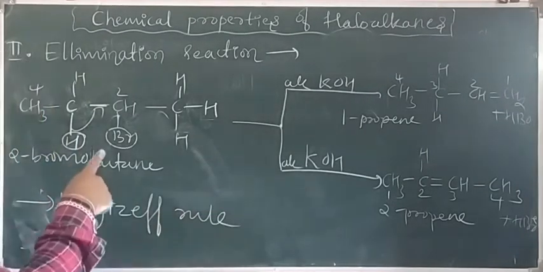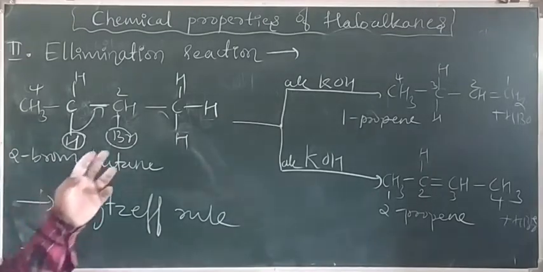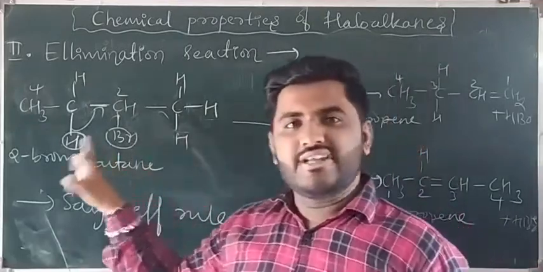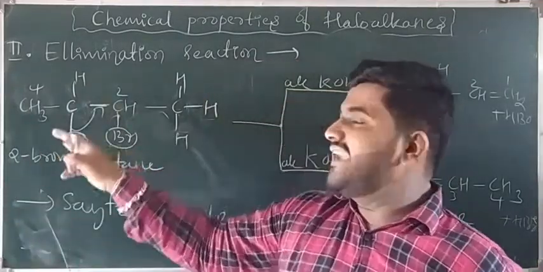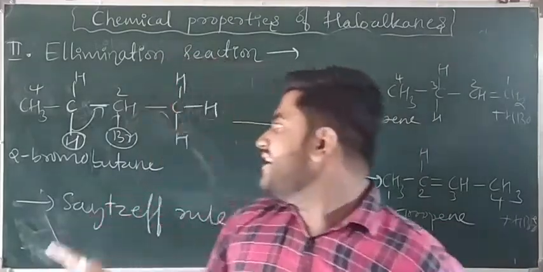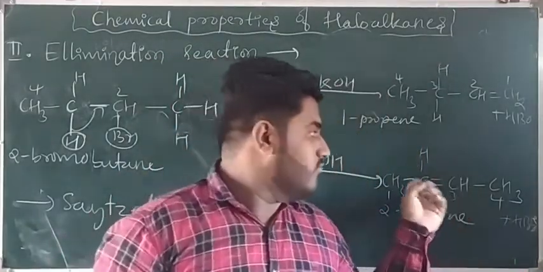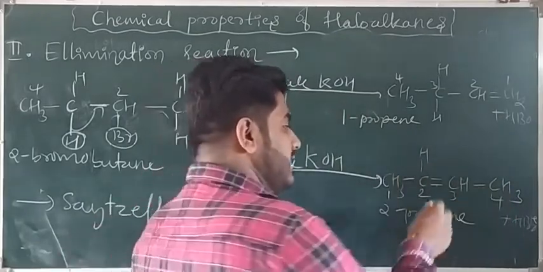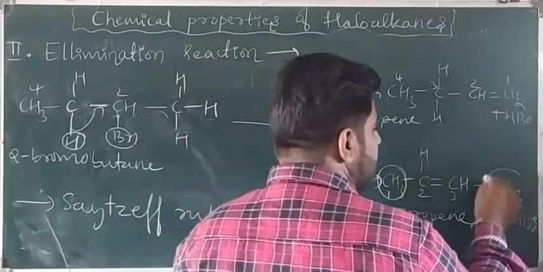What does Saytzeff's rule tell about? When we eliminate the hydrogen halide from haloalkanes in more than one way, we should go to the formation of the alkene which has more substitution. So here, on the double bond, one substitution and two substitution.